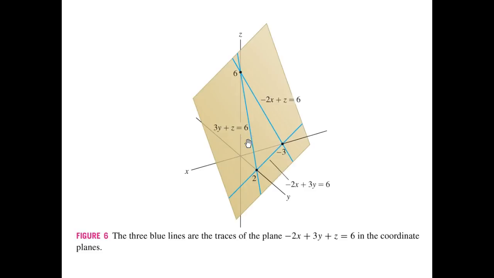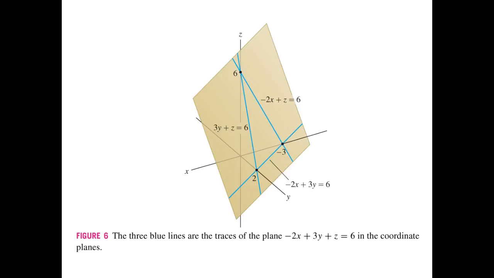Here is the plane, minus 2x plus 3y plus z is equal to 6. That is a plane in 3 space.